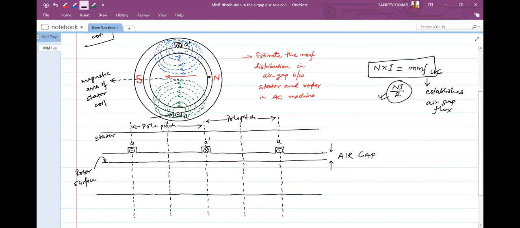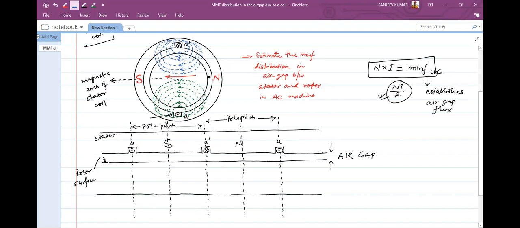So this part will be seen as S and this part will be N. Likewise, we can write S here and N here. Now first of all, let us try to write the MMF. Similarly, it is A here, sorry, A dash.